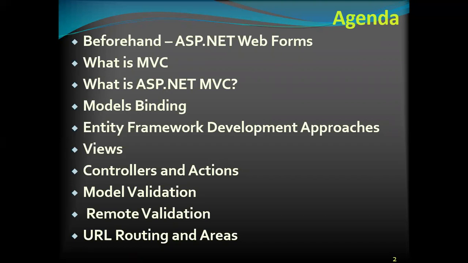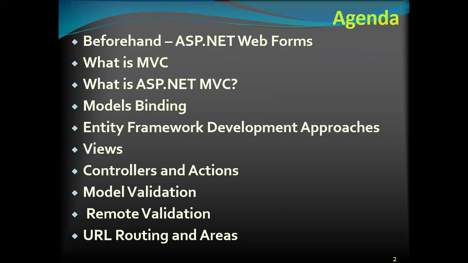The MVC design pattern was introduced in the 1970s and basically divides an application into three major components: model, view, and controller. The main objective of the MVC design pattern is the separation of concerns. So separation is the basic concern of this MVC type of application.